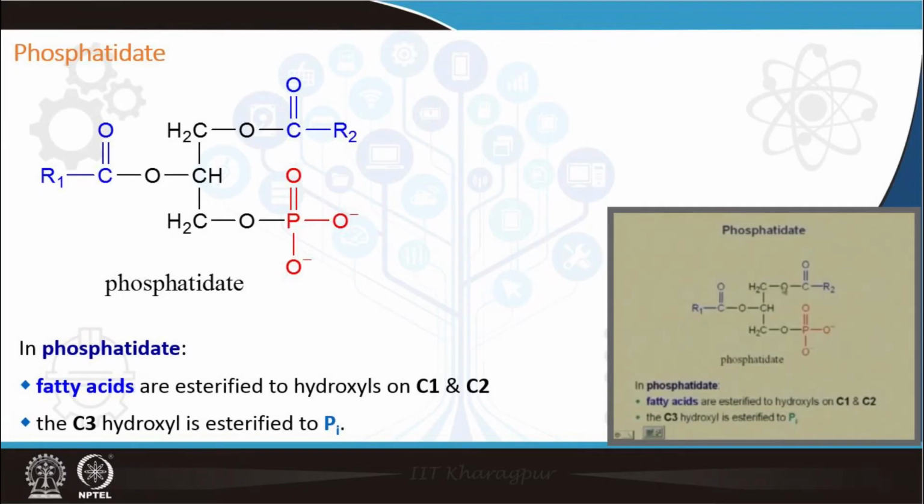This, you recognize the black part here is part of glycerol, CH2OH, CHOH, CH2OH. Okay. Now, what has happened at the first 2 carbons is the C1 and the C2 have been esterified by fatty acids.